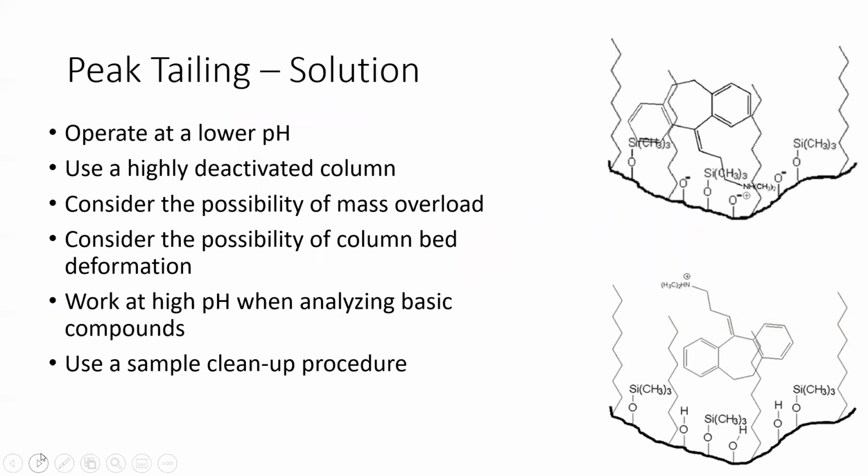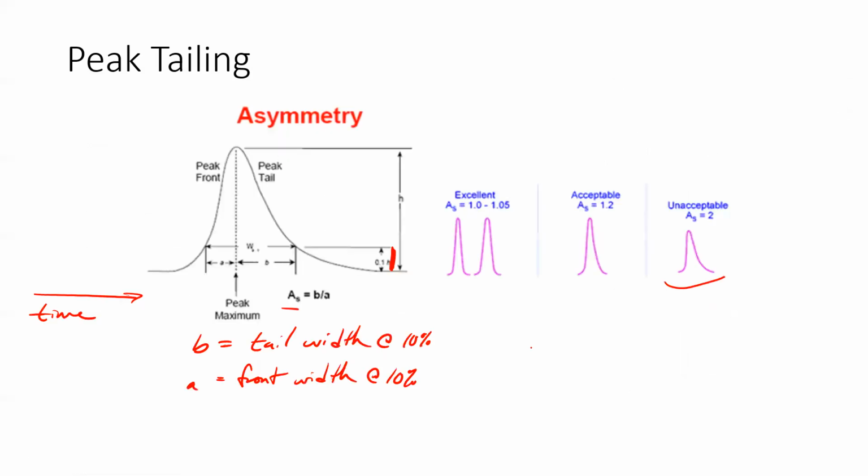One of the reasons for this asymmetry is what are called hotspots in a column. These hotspots are areas in the column, in that physical surface, that are more attractive to whatever our analyte is.